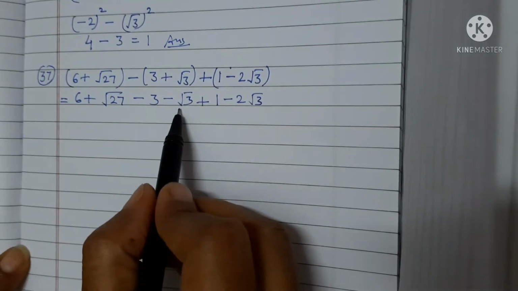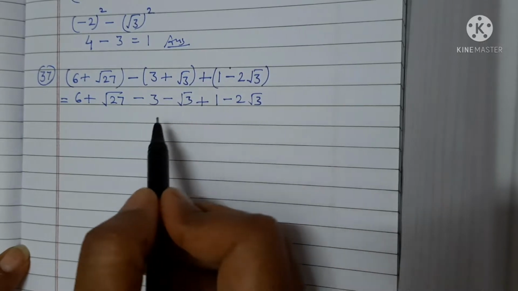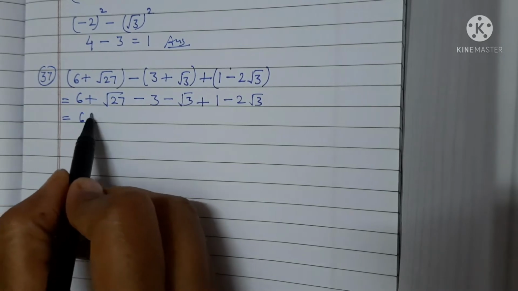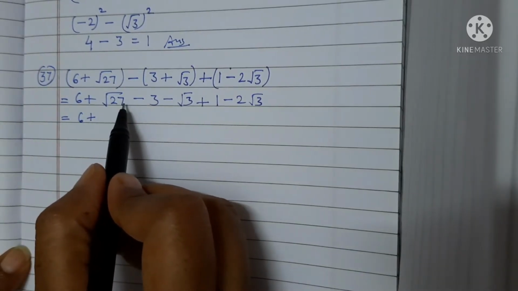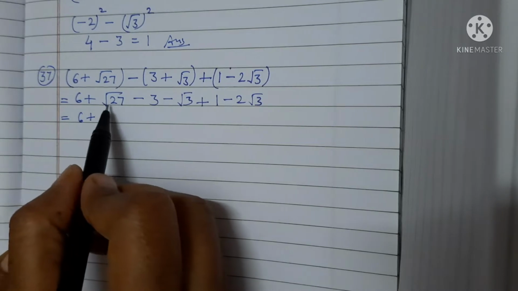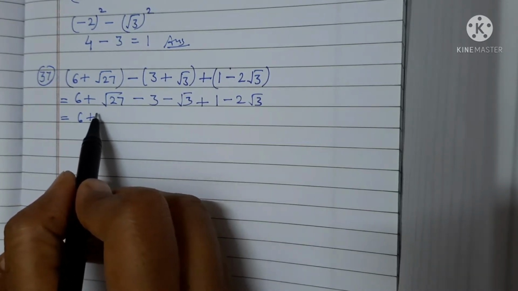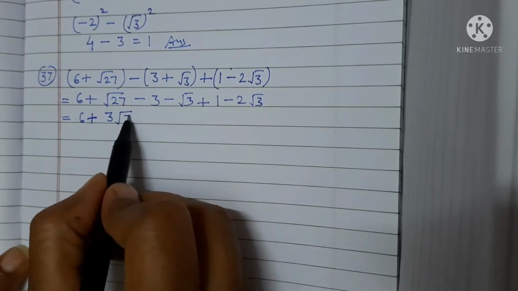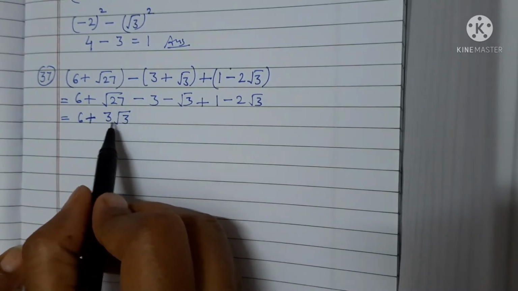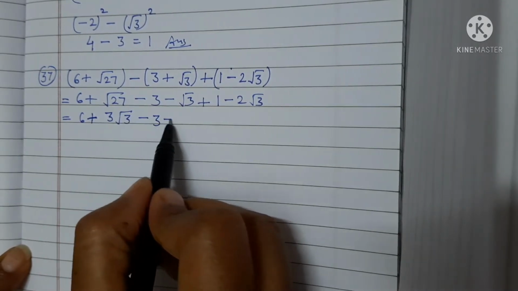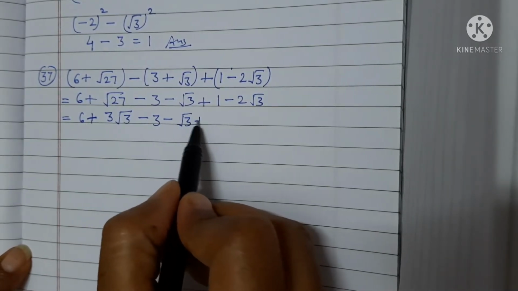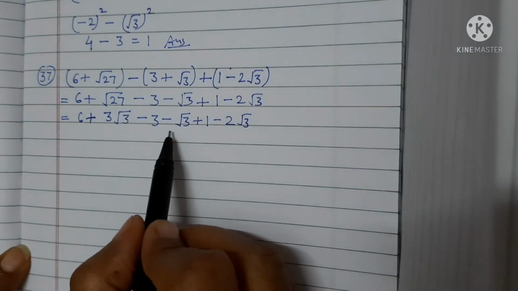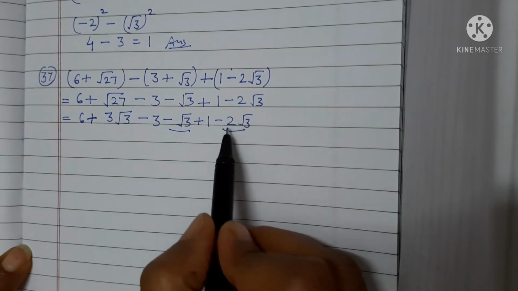Now see this √3, this is also √3, and here you can write 27. 9 threes are 27, and 9 is a perfect square. So you can write √27 as 3√3. So 6 plus 3√3 minus 3 minus √3 plus 1 minus 2√3. Here this is minus √3 and minus 2√3.